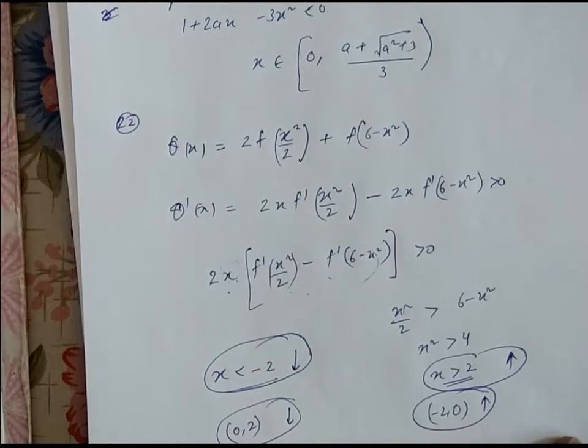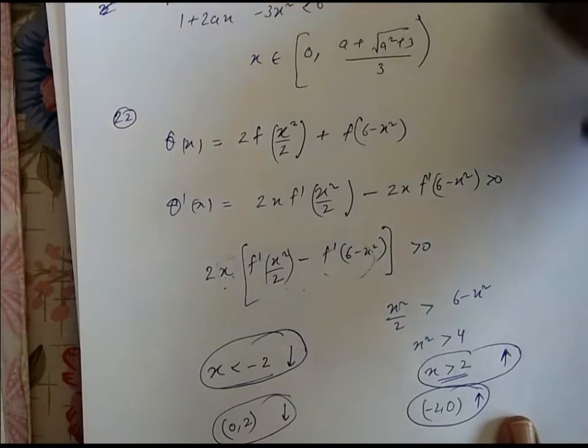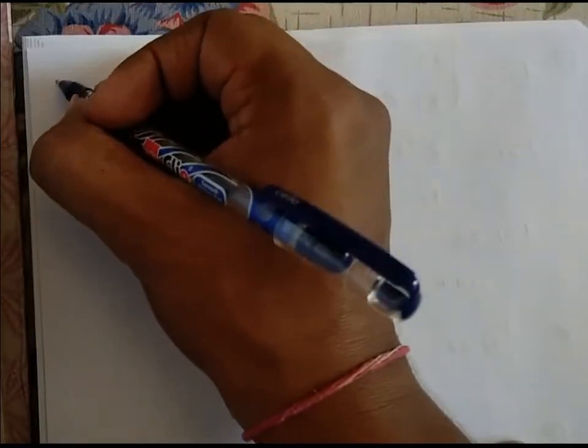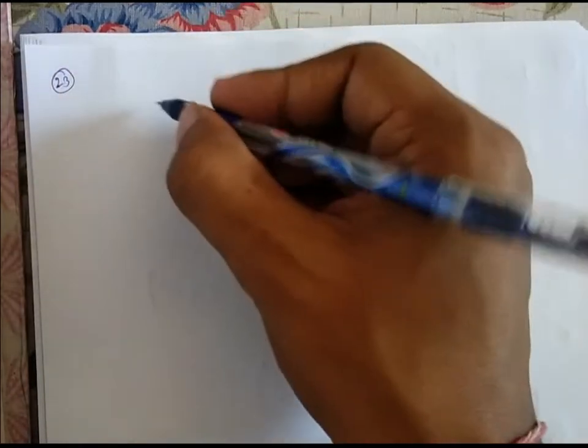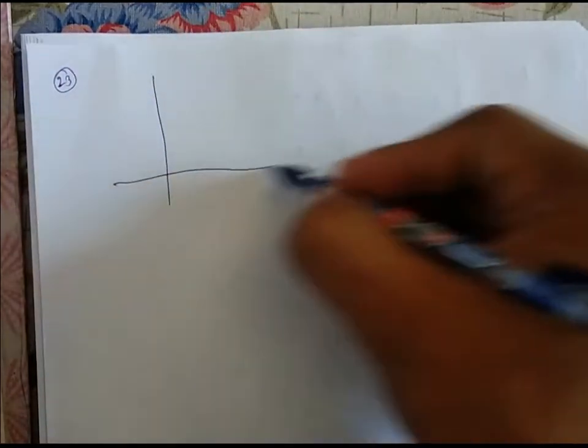Moving on to the next question, question number 23. This is quite a simple question. So we have been given that f dash is greater than 0, that is the function is monotonic, and f double dash is greater than 0, this implies the graph of the function is upward opening.